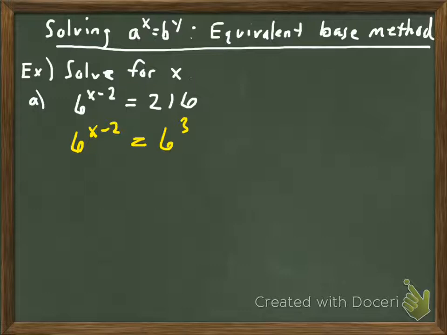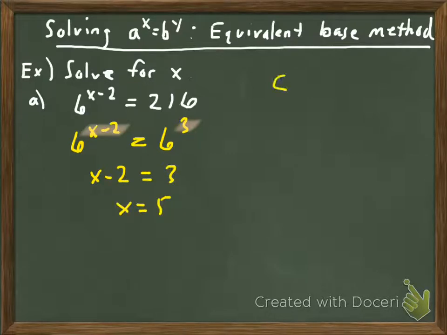Now if these two expressions truly are equal, as the equation tells us they are, then since they have the same bases, the only way they can be equal is if the two exponents are equal to one another. And so we can set this exponent equal to that exponent, and we'll get x minus 2 is equal to 3, so x is equal to 5.